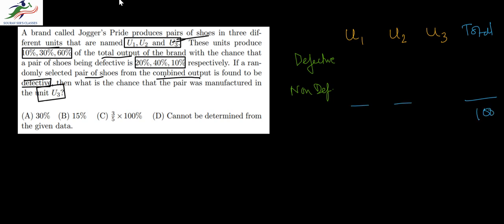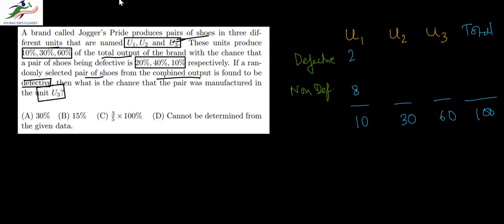So we are told that 10% is manufactured by unit 1, so this would be 10, 30% is by unit 2, so this would be 30 units, and 60% is by unit 3, so this would be 60 units.